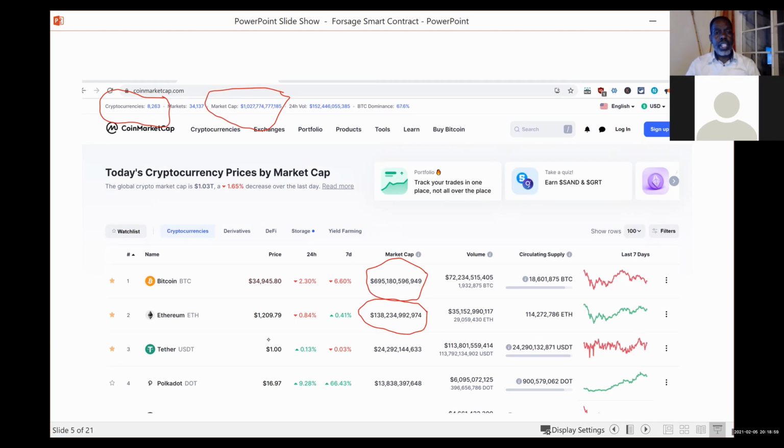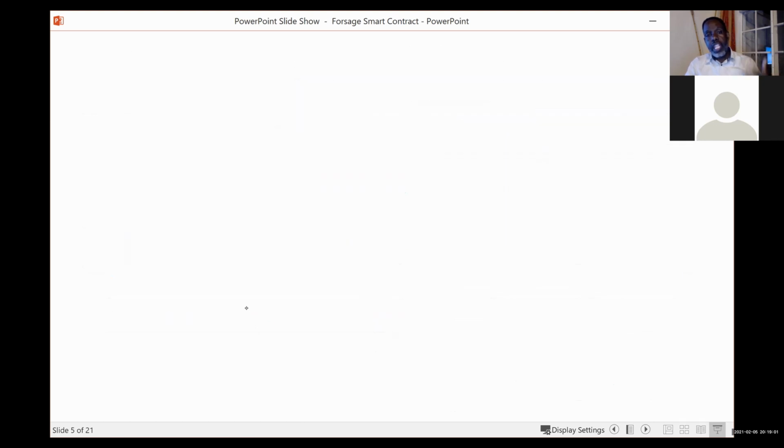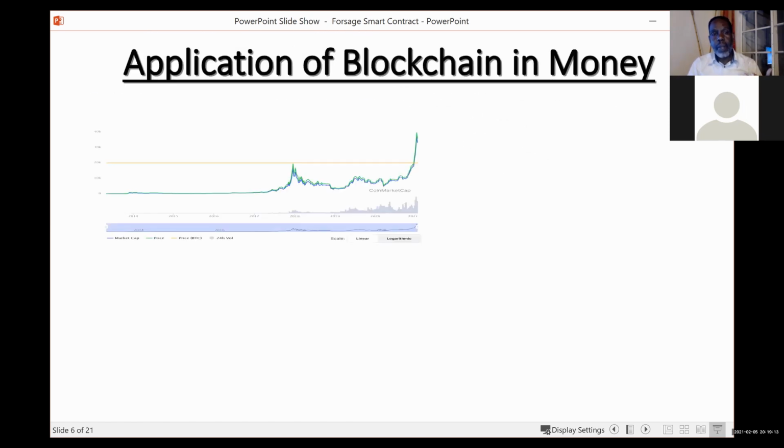Now, the other thing that I want to mention here is that these cryptocurrencies are gaining popularity and usage across the globe, to the extent that you can see the value of these coins going up every single day. Bitcoin has gone up in the last 2 months alone by more than 40% in price.